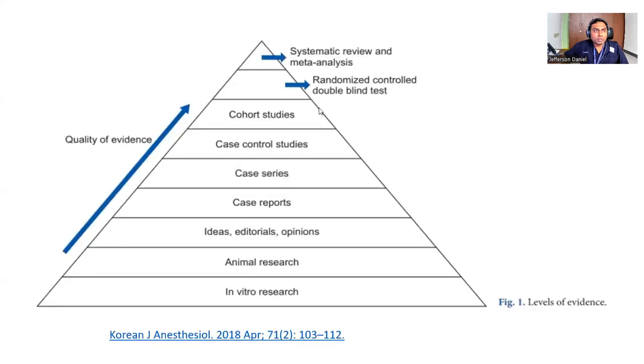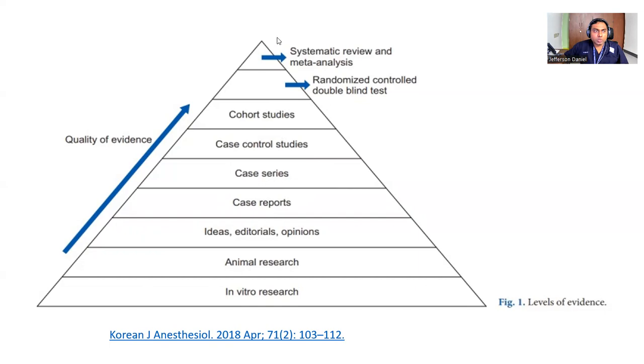So if you look at the levels of evidence, systematic review and meta-analysis are right there on the top. They are the highest form of scientific research evidence available to us, and below them is randomized controlled trial. Cohort studies and case control studies are much lower down in the level or quality of evidence.